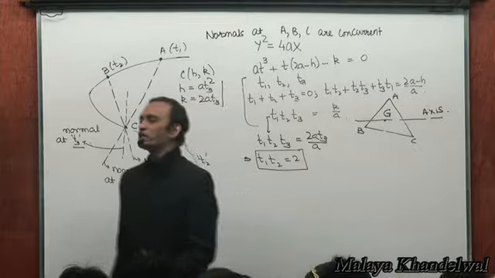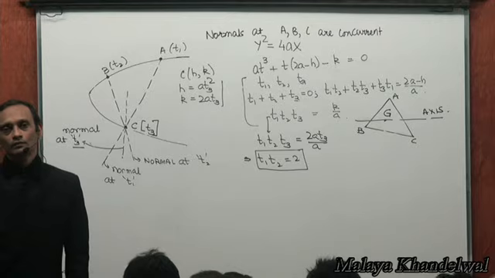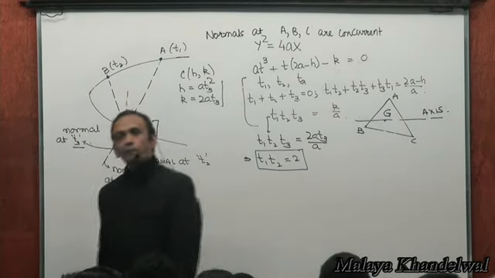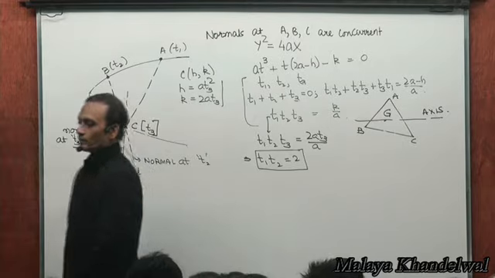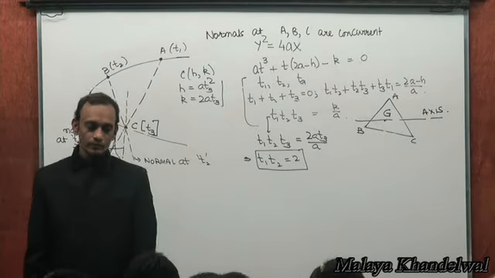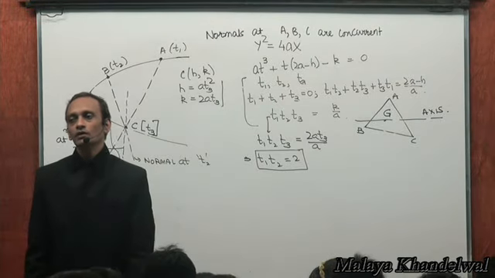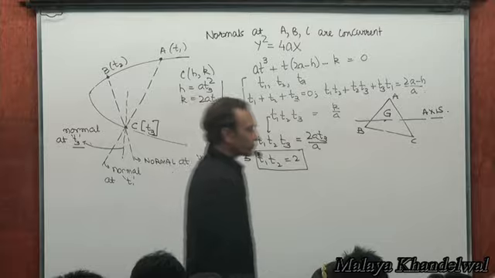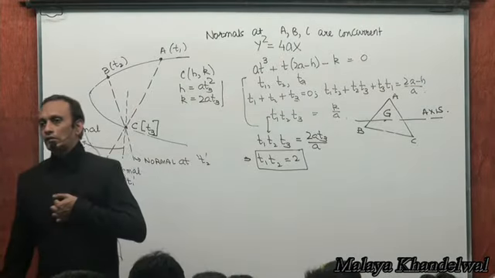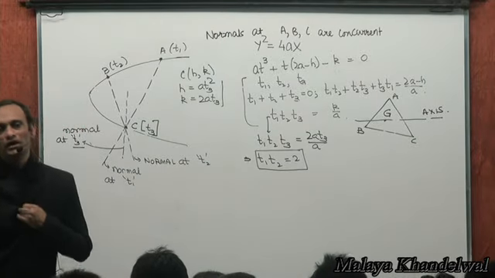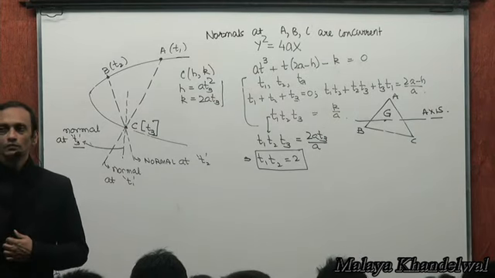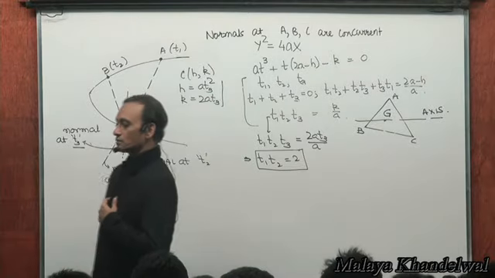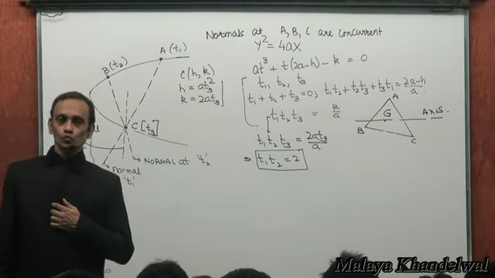For a standard parabola, a pair of points A, B, the normals drawn to which intersect on the parabola again, then the product of their T's must be 2 for a standard parabola.